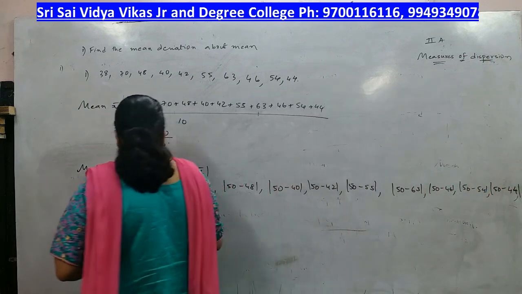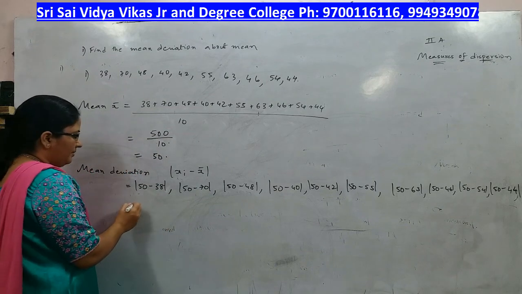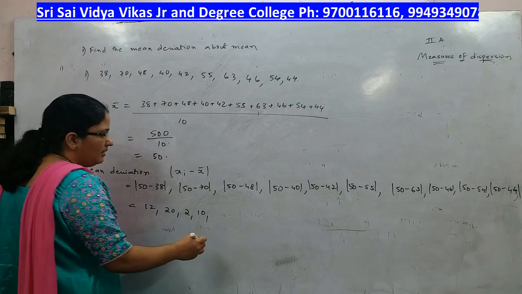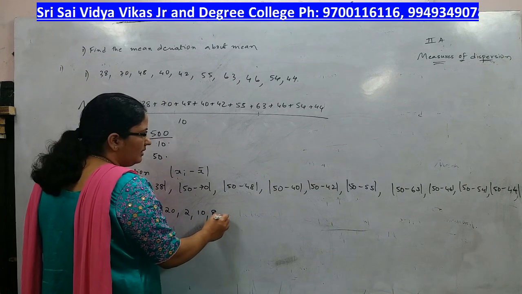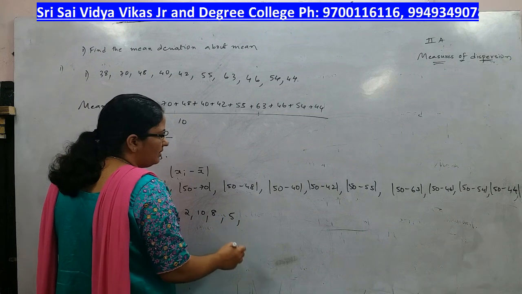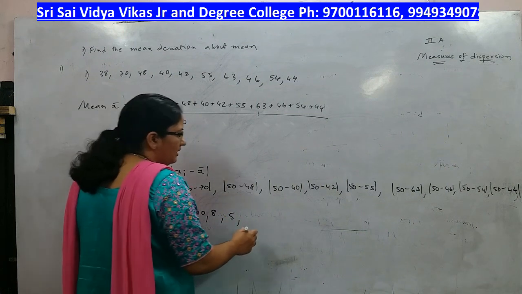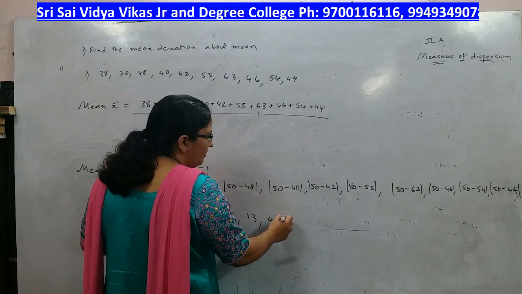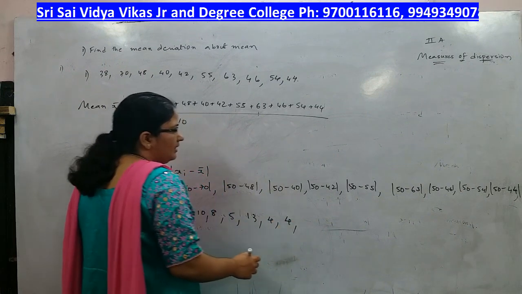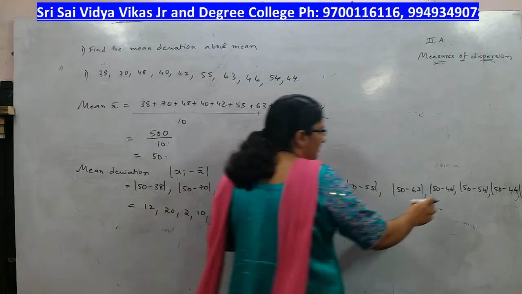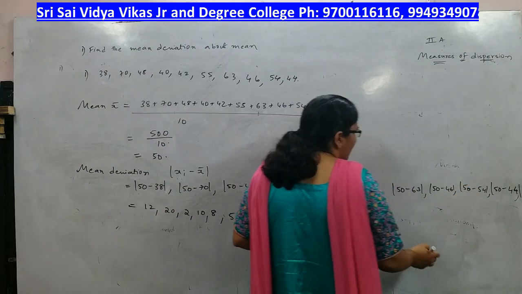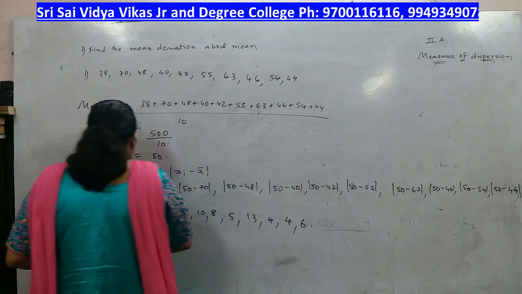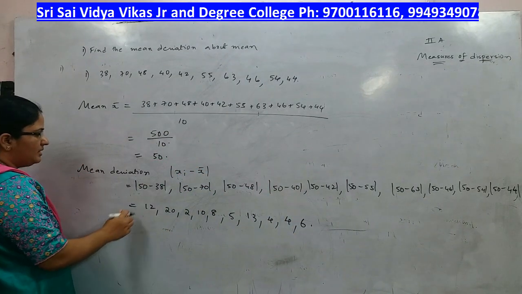So this will give you 12, 20, 2, 10, 8, 5, 13, 4, 4 and 6. These are the deviations.